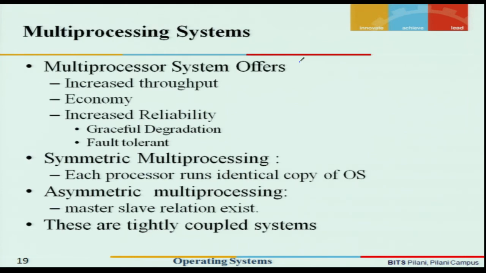That would mean that this computing system is going to become more reliable if I have multiple CPUs in it. It can tolerate failure of one CPU, or depending on how many CPUs are there, it can tolerate a failure of a certain number of CPUs. So it is going to give me a greater reliability.